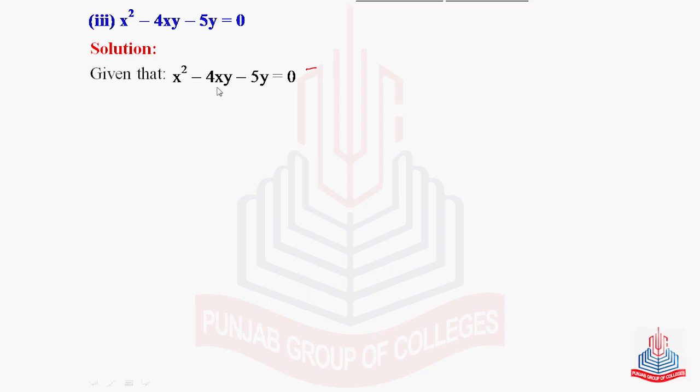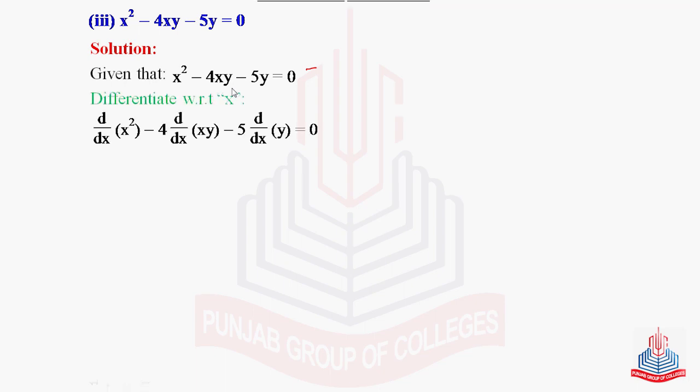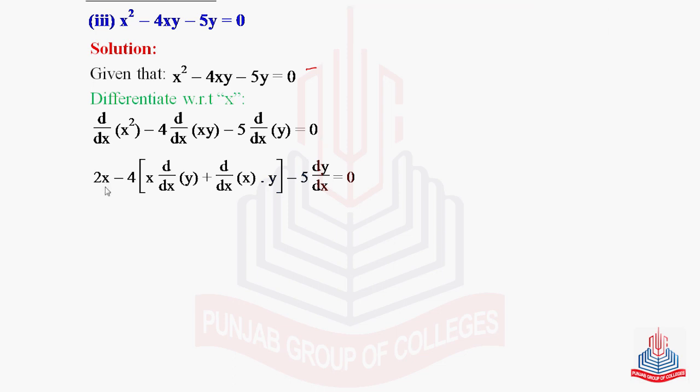So differentiate with respect to x, the derivative will apply on x square, on xy, and 5y, the right side will become 0. So derivative of x square will be 2x, and from here the derivative will apply on xy, which is exactly the same as we discussed in our previous step. So this is actually the derivative of xy, and from here 5 dy by dx is equal to 0.